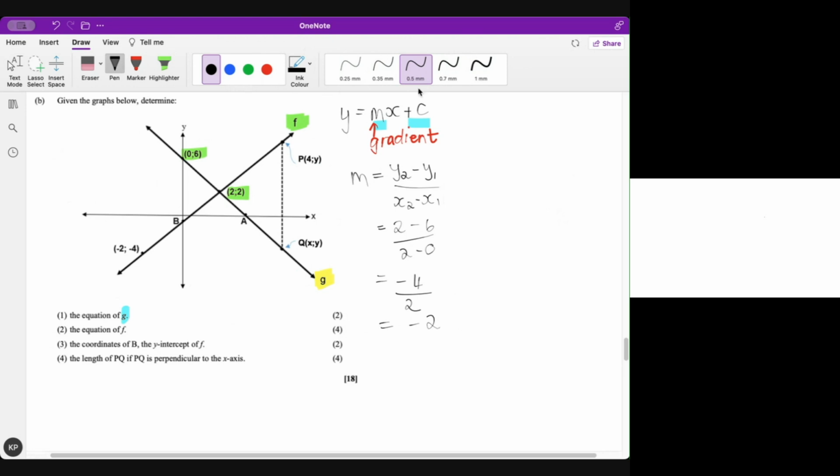So we have m. It's y equals negative 2x plus c. To find c, we take a random coordinate. Let's take this one and substitute the x and the y. So 2 equals negative 2 times 2, plus c. What's negative 2 times 2 for my right-hand side?